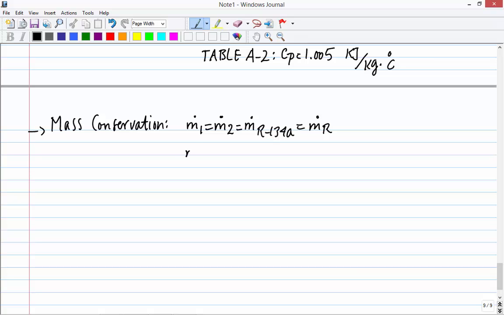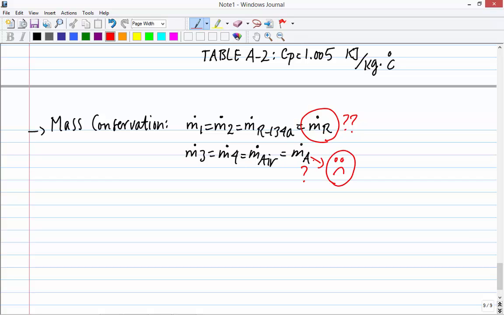And likewise for air, 3 and 4 are the same. It's the mass flow rate for the air, and I'm gonna call that m dot a. I am looking for this guy. The question asks for the mass flow rate for the refrigerant, but still I don't know how much this is.